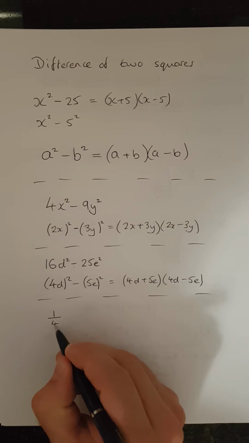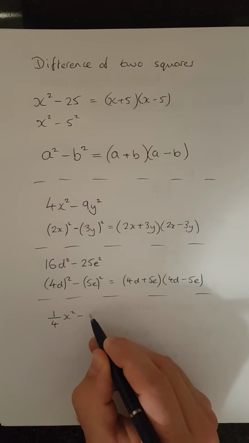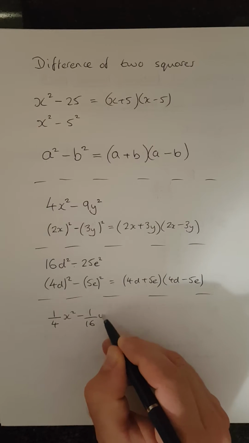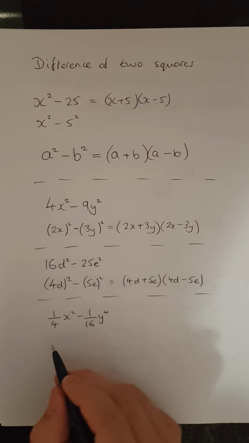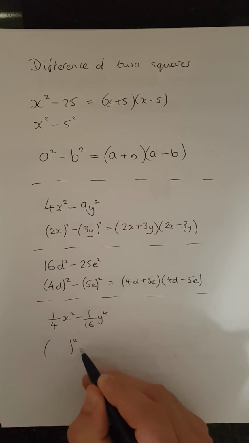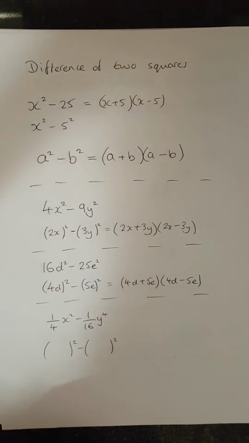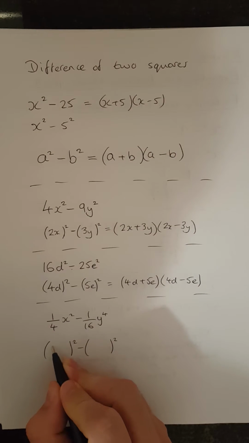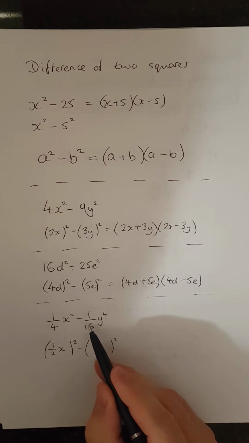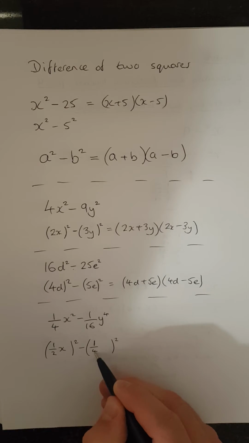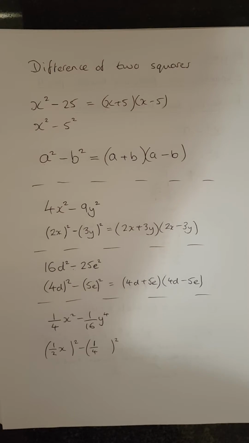This also works with fractions. And it can work with higher powers as well, as long as you're careful. Well done if you spotted that's a half x. Half multiplied by a half is a quarter. And a quarter multiplied by a quarter makes a 16th.